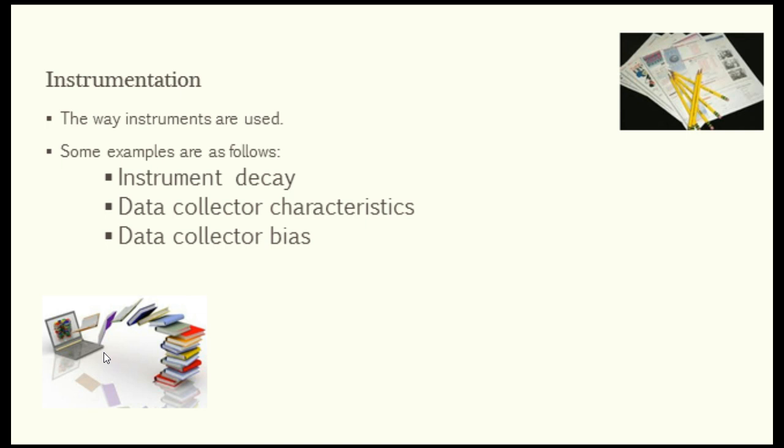The way that they are used can potentially be a threat to the internal validity of your study. Some of the ways that they can be a threat are what we call instrument decay, data collector characteristics, and then data collector bias.